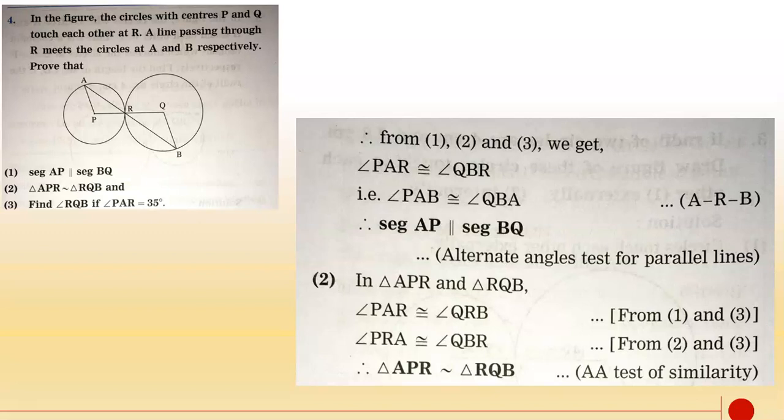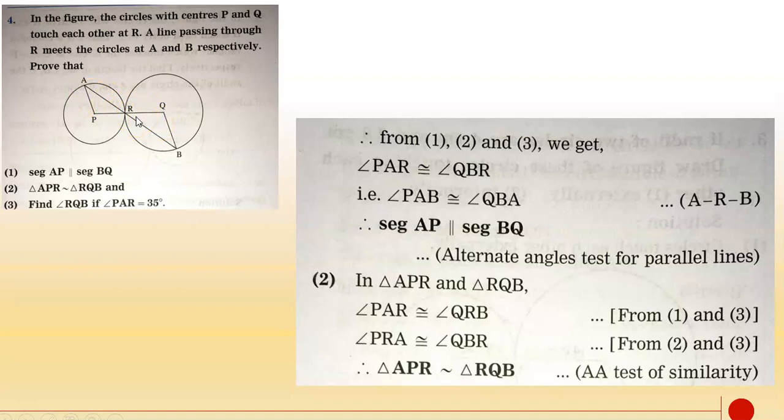Now, let us go to the second sub-question, where we have to prove the two triangles are similar. Now, in triangle APR and triangle RQB, we know that angle PAR is congruent to angle QRB, from 1 and 3.